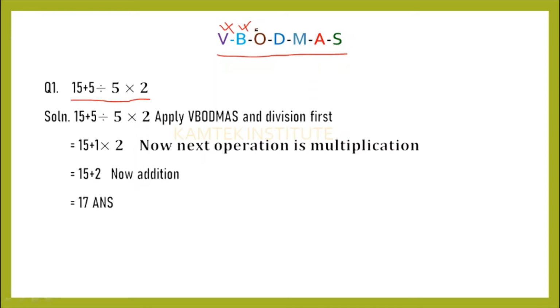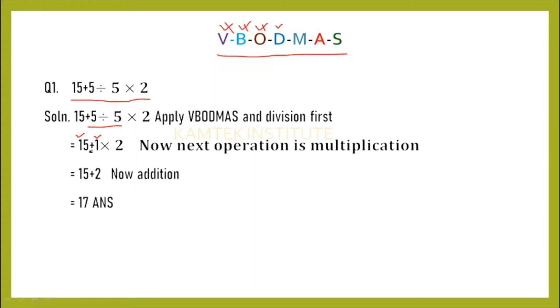Skip this operation. Then O is the next step. Do we have O or of? We don't have, so skip this again. And then D stands for division. Do we have division? Yes, we do have division over here. So that is the first step we're going to take. We are going to do this operation. So we have 15 over here, and 5 divided by 5 is 1, multiplied by 2.